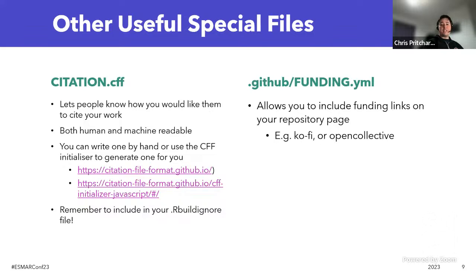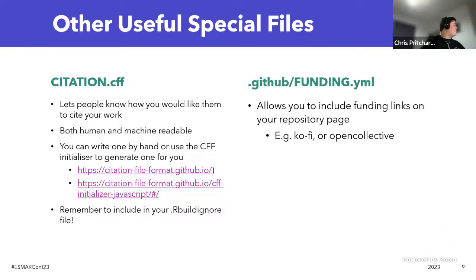For us academics, this is really useful because GitHub, and I'll show you a bit later when I walk you through a repository, actually displays it in a how to cite this box. So it's really useful for us academics out there. It's both human and machine readable, so looking at a citation.cff file, it's pretty self-explanatory.